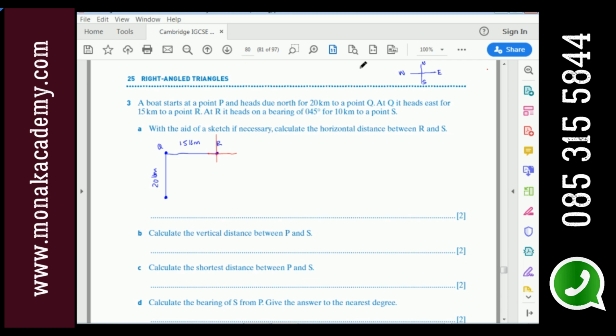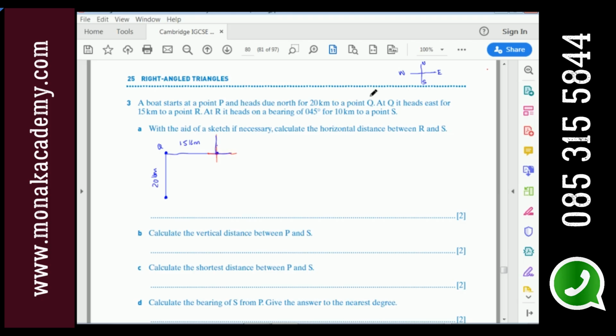That's our compass. We agree? And then we draw 45 degrees. That 45 degrees, what did we say it must come from? It must come from the north, right? Then you measure 45 degrees. Remember, this is 90 degrees, right?